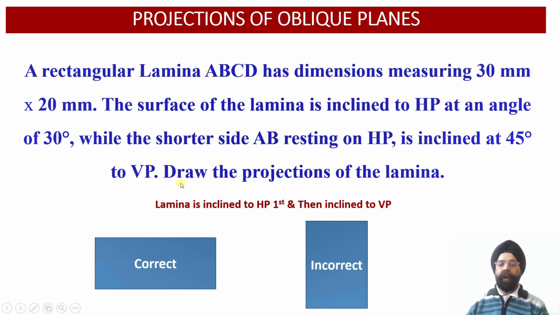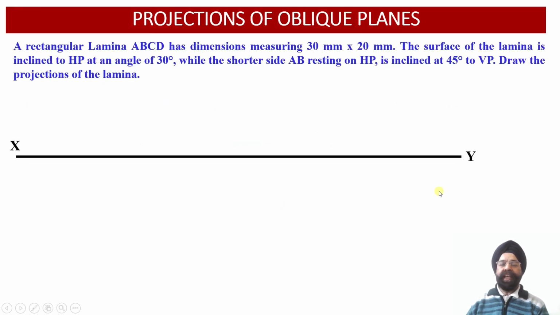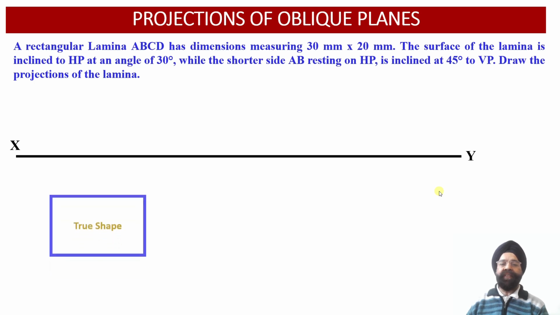Corresponding to this oblique rectangular lamina, we are required to draw the projections. So let us proceed with the construction of the orthographic projections of this oblique lamina, which is inclined to both the horizontal plane as well as the vertical plane.